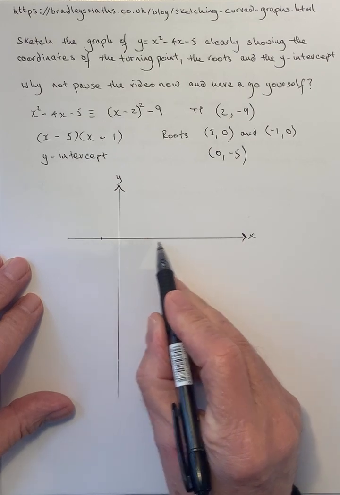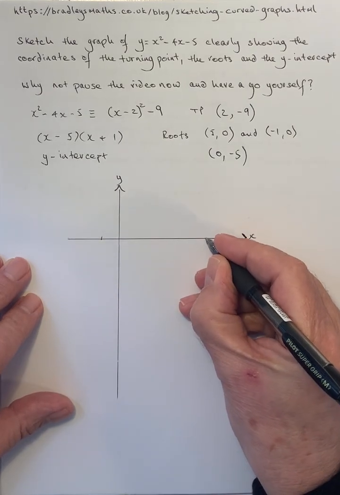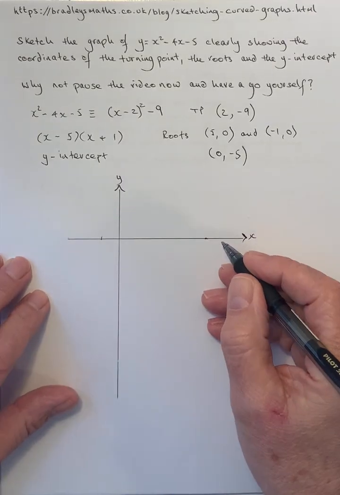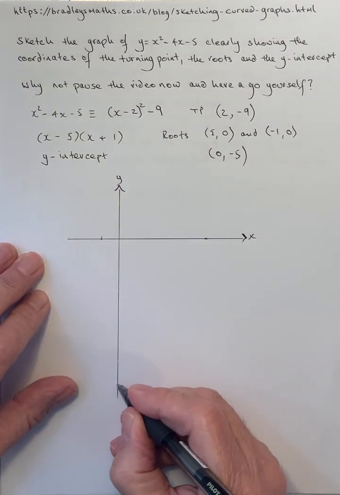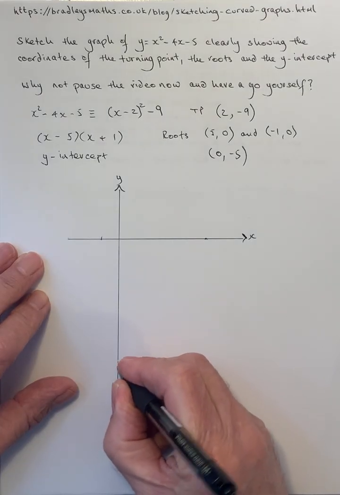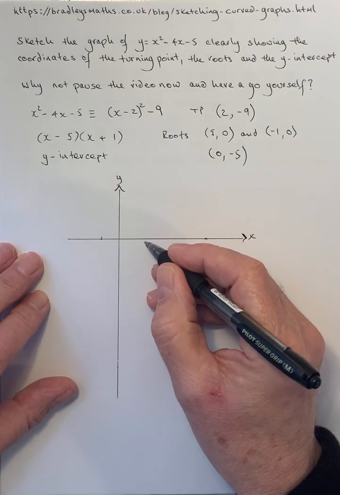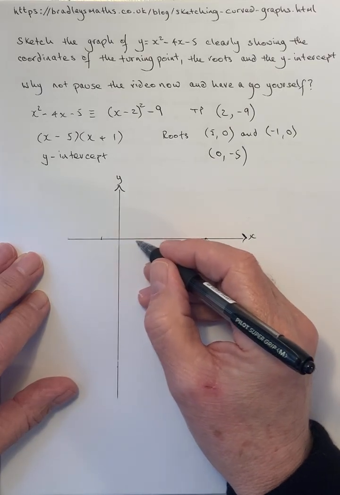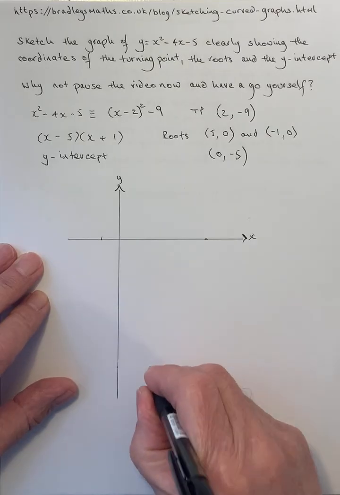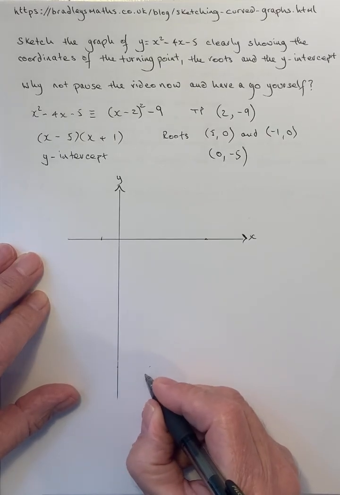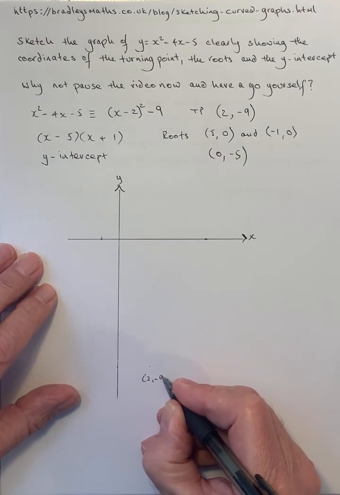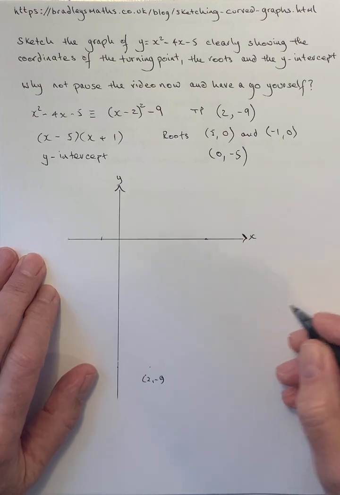So 5 will be about here. So this is 5, and minus 9 will be somewhere down here, maybe a little bit higher, around about there, and 2 is going to be about here, I think. So that is our turning point, and that is 2 comma negative 9.